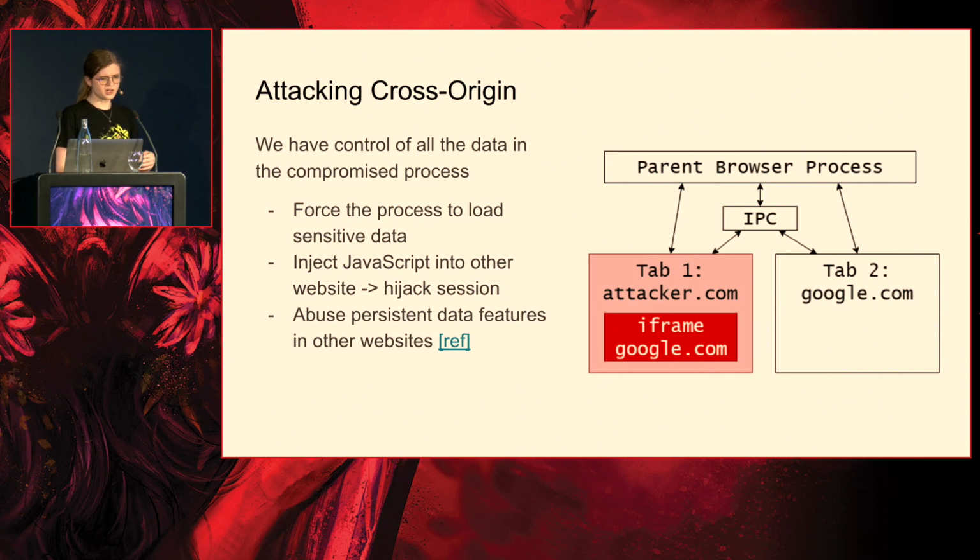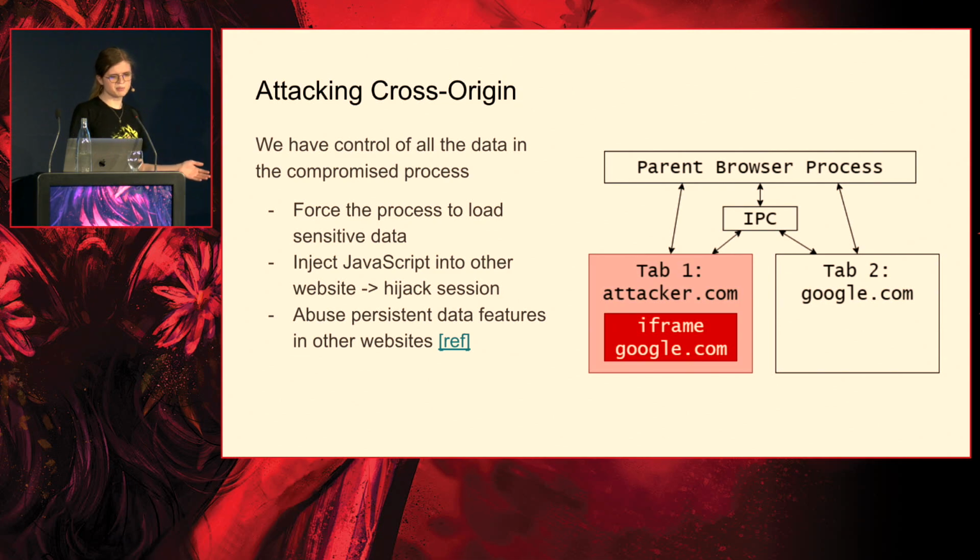But if you were to load a site into an iframe, the process needs to actually be able to access that iframe to do things like sending messages. And in a lot of cases, it needs to figure things out like, if you click somewhere on the screen, it has to get into that iframe and process everything that's happening. And so, historically, the easiest way to do that was to just put that data in the same process, so you don't have to worry about going between processes every time.